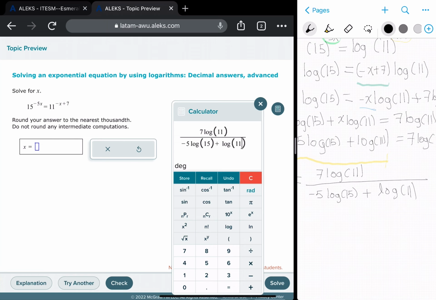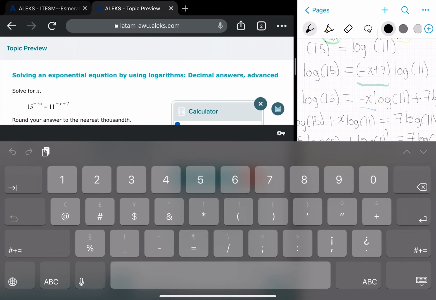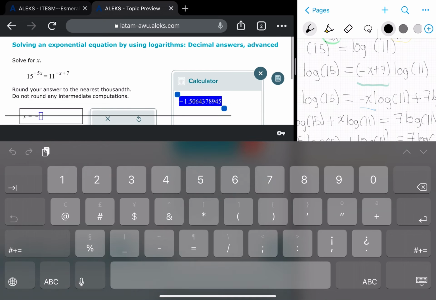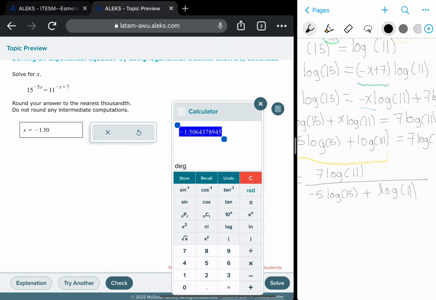Okay, and that is minus 1.50. Okay, that is the answer to this exercise.